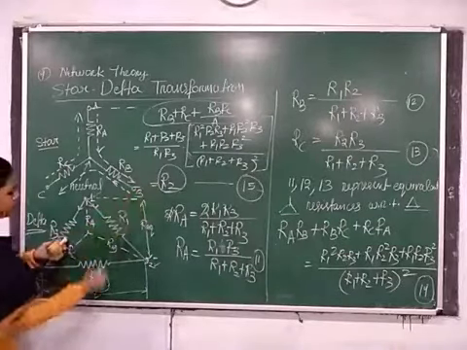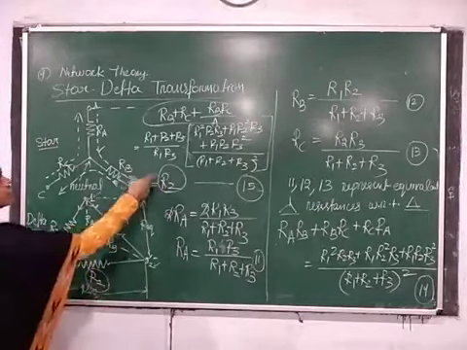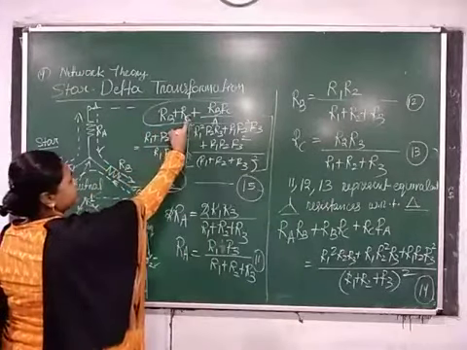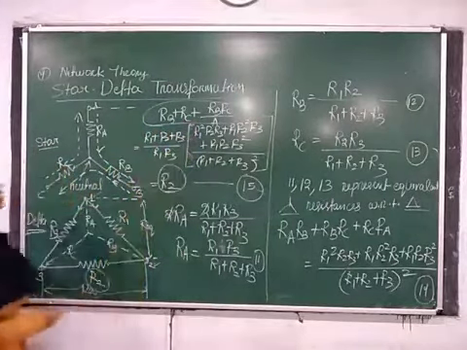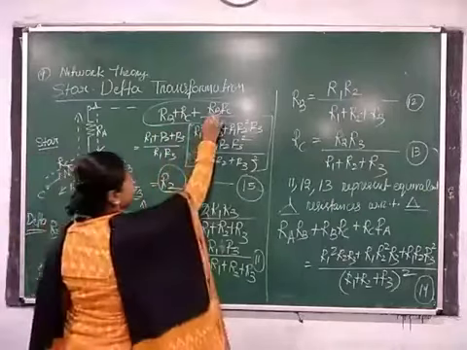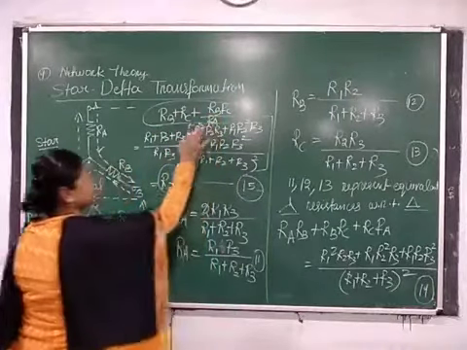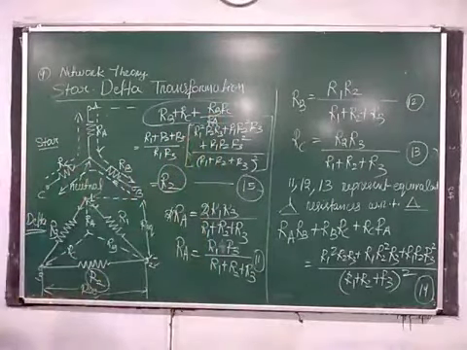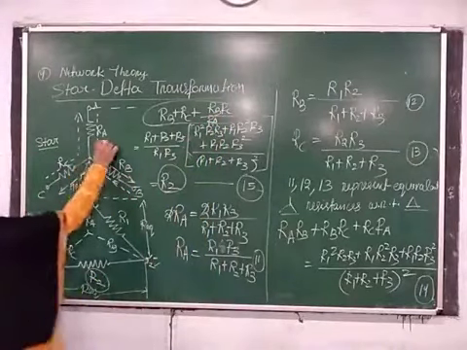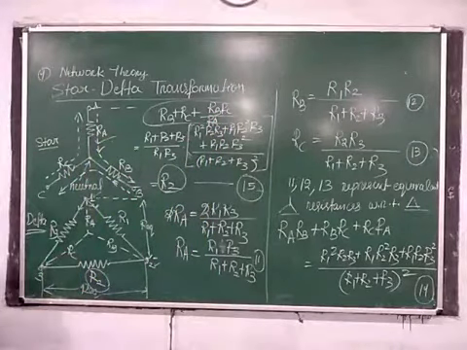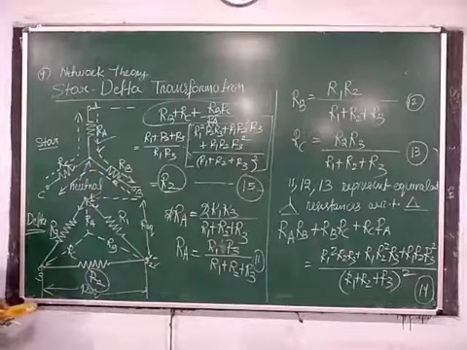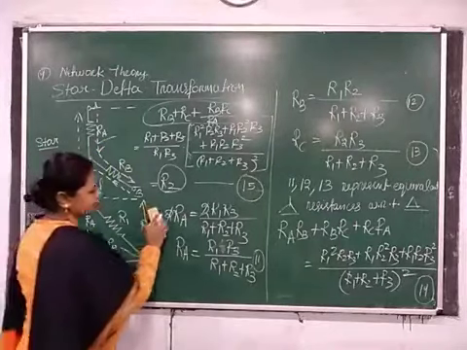R2 is the delta resistance and its value is RB plus RC plus their multiplication divided by RA. By mistake I wrote only R, sorry, it is actually RA, this one. Okay. So I erase this one.